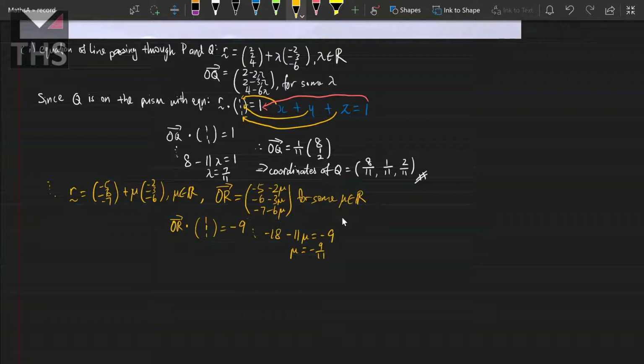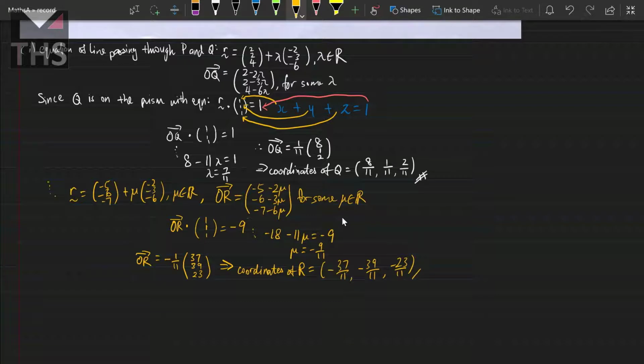So OR, after we substitute and factorize the negative 1 over 11, is negative 30, positive 37, 39, and 23, which means coordinates of R equal negative 37 over 11, negative 39 over 11, and negative 23 over 11.